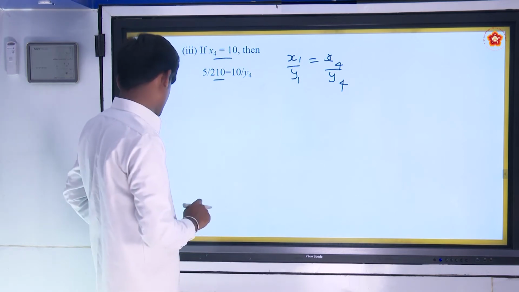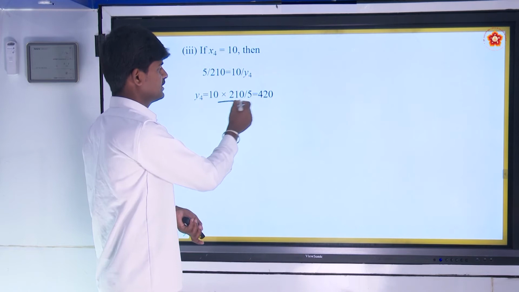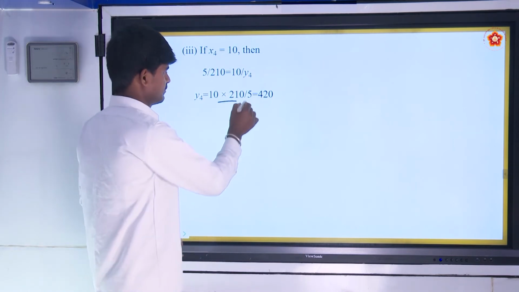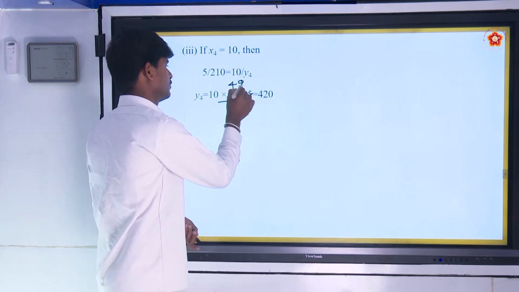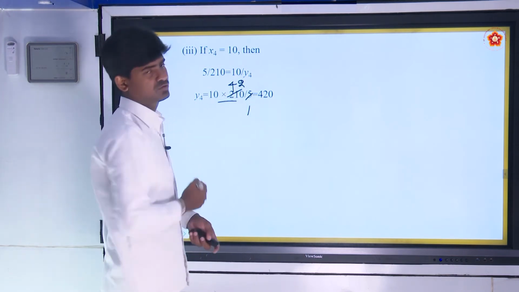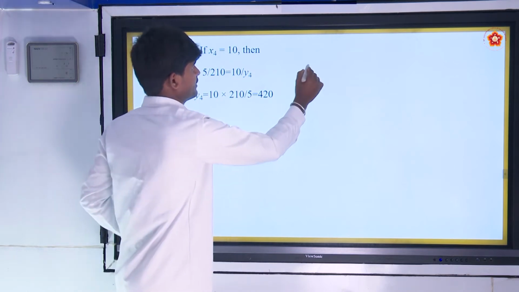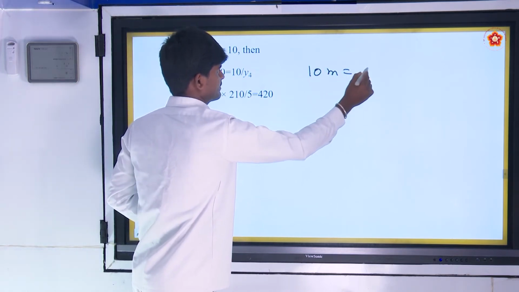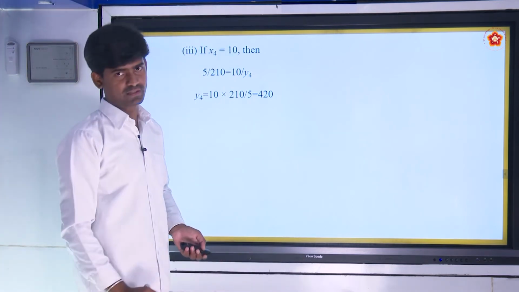Now I have to calculate y4. Cross multiply: y4 is equal to 10 into 210 divided by 5. 5 ones are 5, 5 4s are 20, again 42 into 10, that is 420. For the 10 meter of cloth, the cost is 420 rupees.